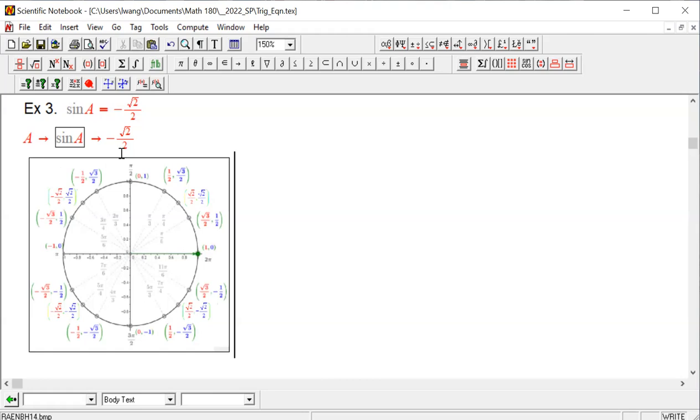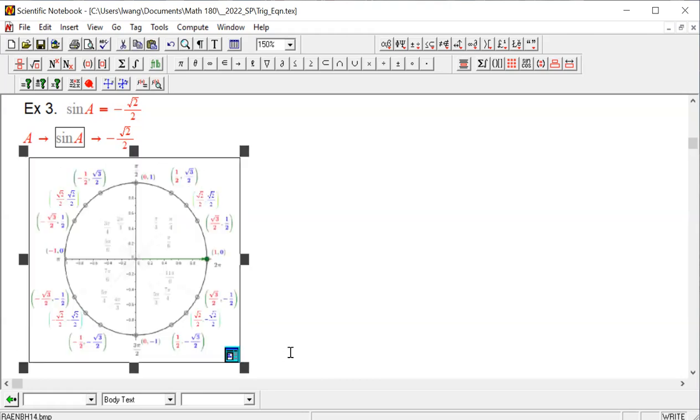Okay, -√2/2. Since this is a special angle, then you have this unit circle, no problem. You're looking for -√2/2, and we found them right here. There's one here, and there's another one there, and then there are reference angles. What are the reference angles? Pi/4.